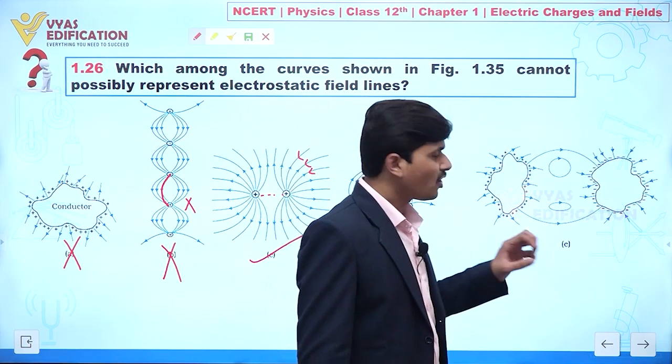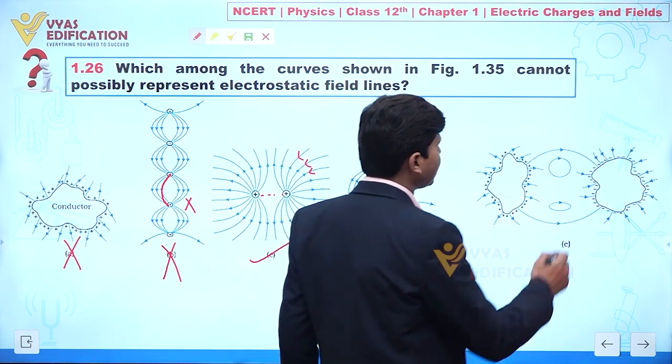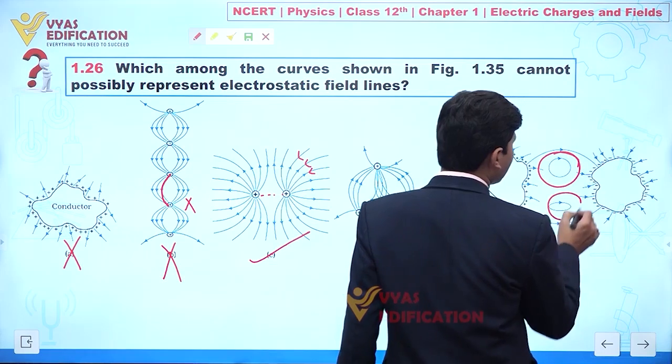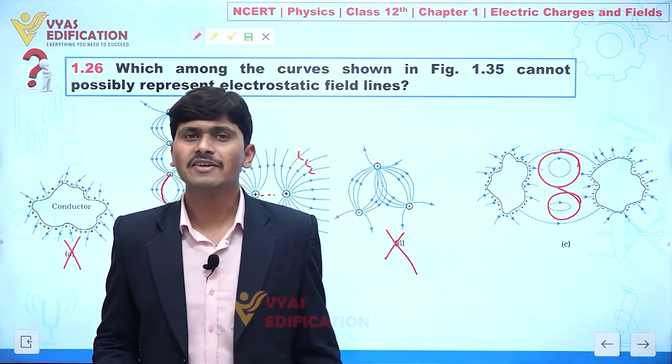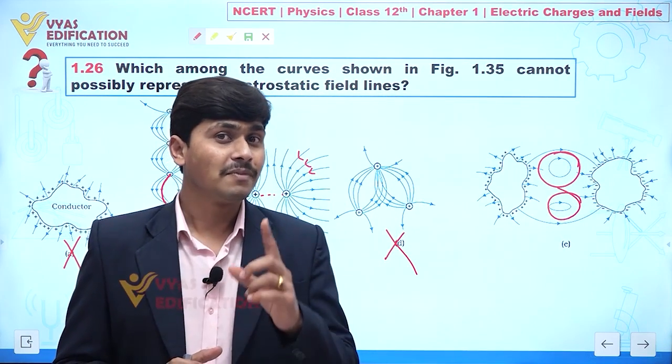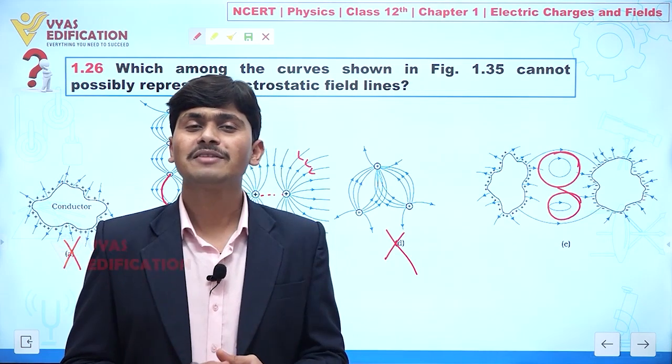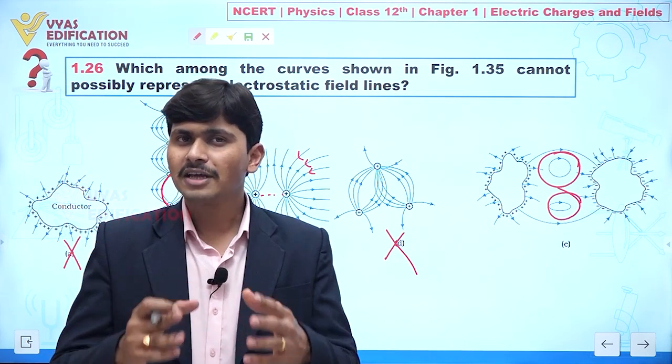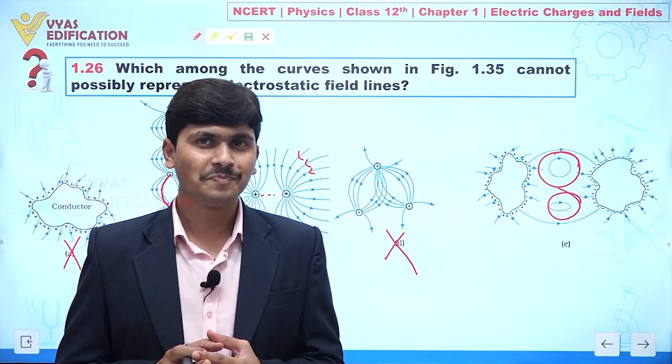If we concentrate on figure E, we can see it is forming a closed loop, and electric field lines never form a closed loop. But magnetic field lines definitely form closed loops.